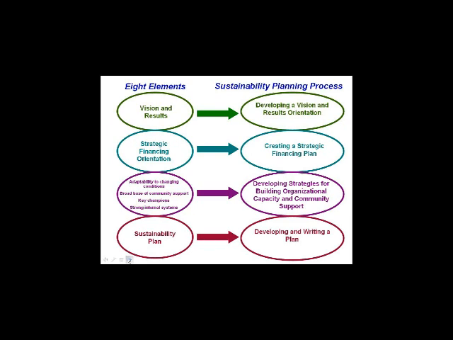That planning to plan really represents the thinking and the organizing work that needs to happen before you get into the actual planning process. Then once you get into modules 2 through 5, which are the ones represented by the 4 ovals on the right, you see how they align to the 8 elements of sustainability.